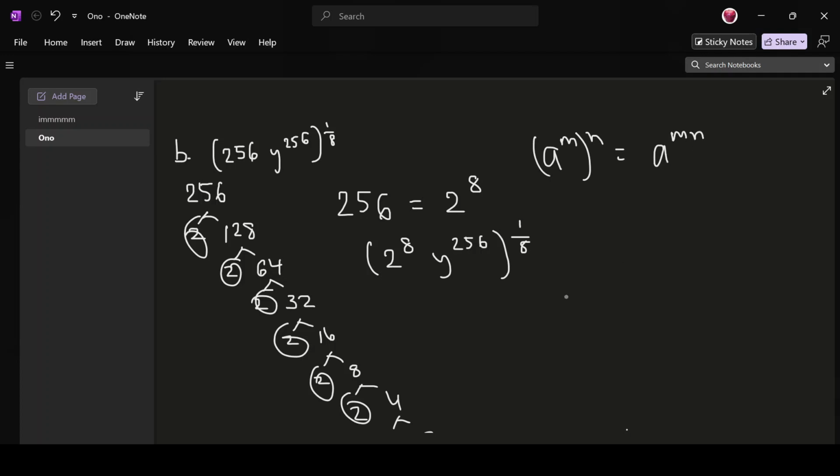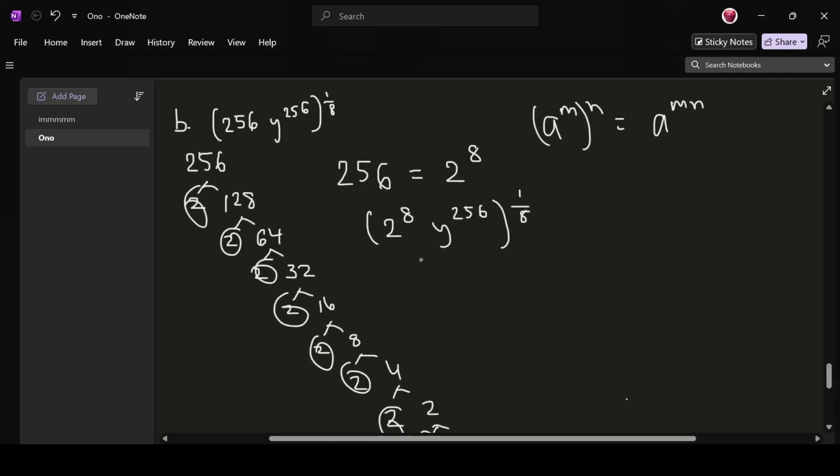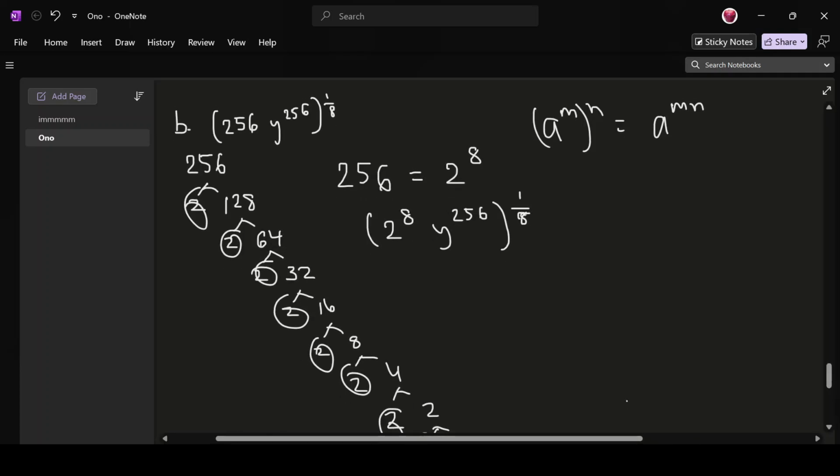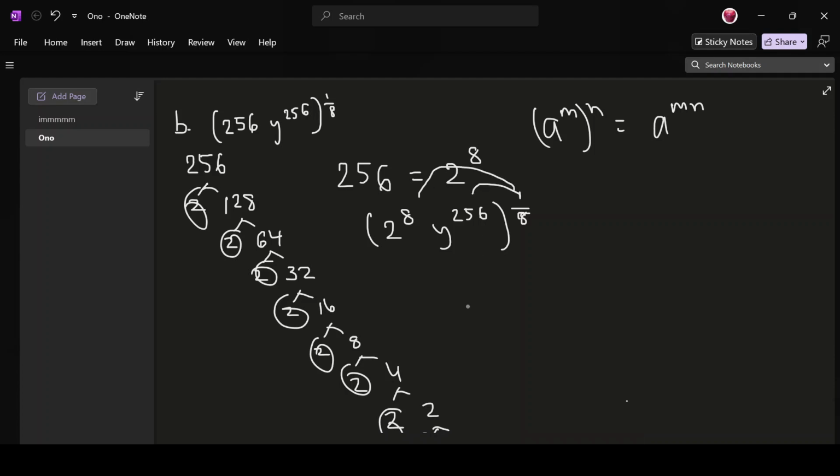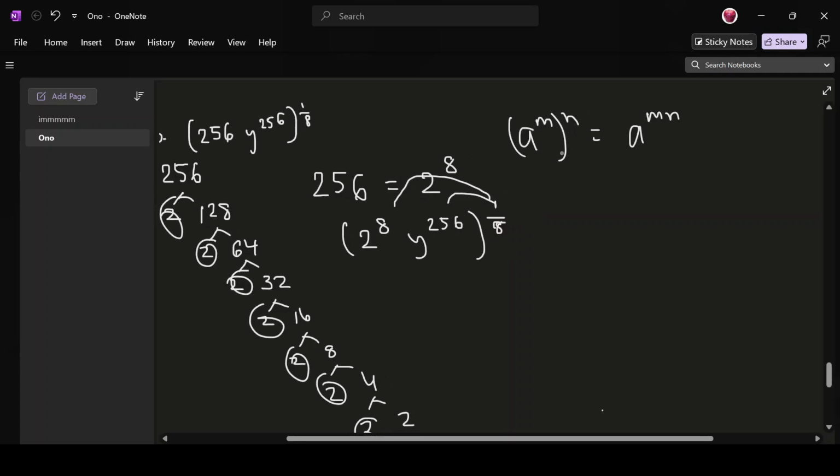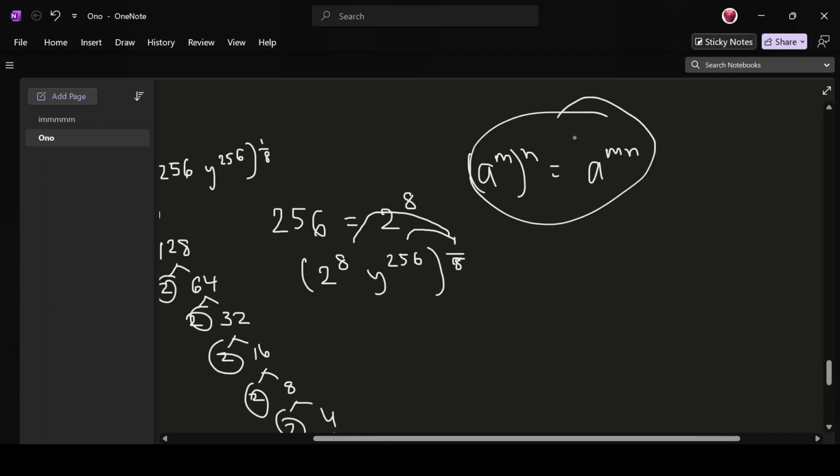Now we apply this law here. What's happening is that this index is going to distribute to both of these. Since it's a bracket raised to a power, it's in the same format as this law, so we can apply it.